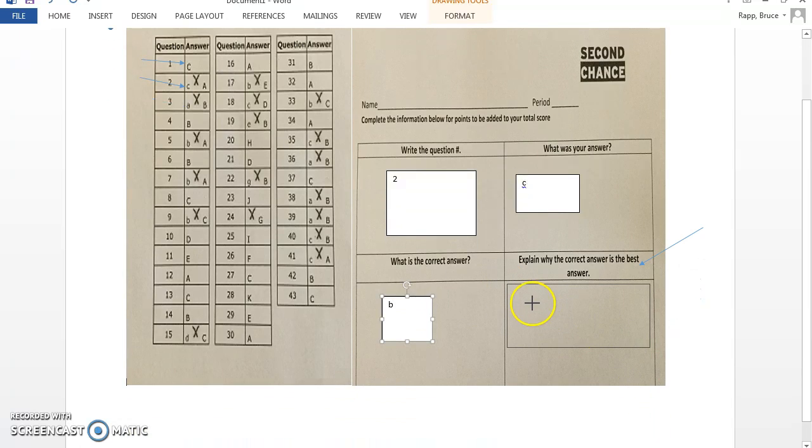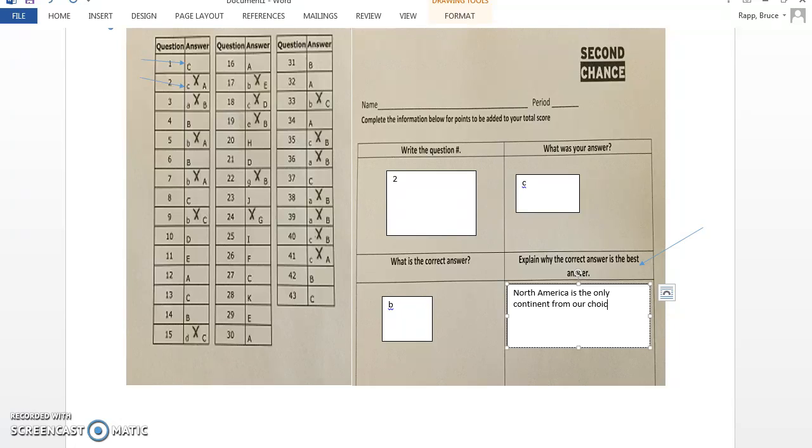And so in this area right here, I'm just going to write North America is the only continent from our choices that is only in the Western Hemisphere.